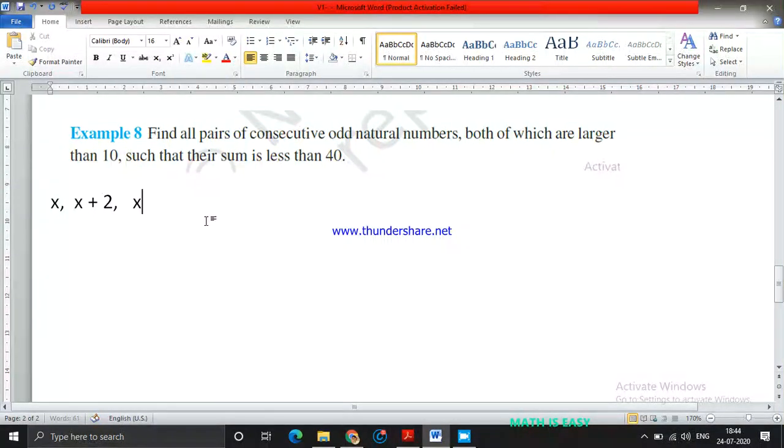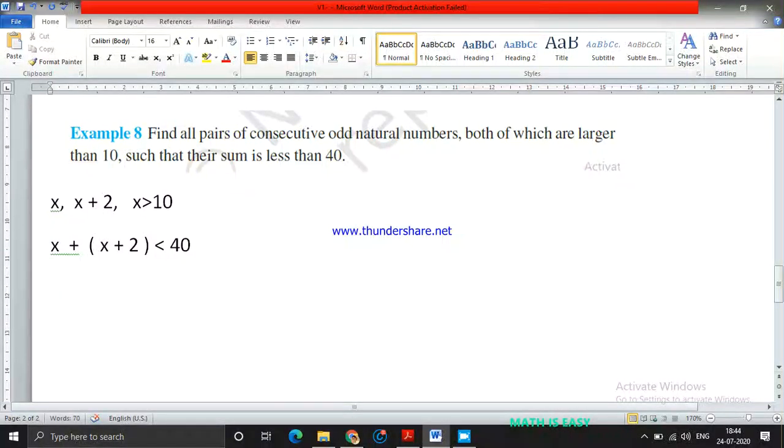So these are two consecutive odd natural numbers, and each one is greater than 10. So I'll take x is greater than 10. If x is greater than 10, then x plus 2 is also greater than 10. So next, what is given? Sum of these numbers is less than 40. Sum of these numbers means x plus x plus 2, the sum of the first odd number and the next consecutive odd number, is less than 40.